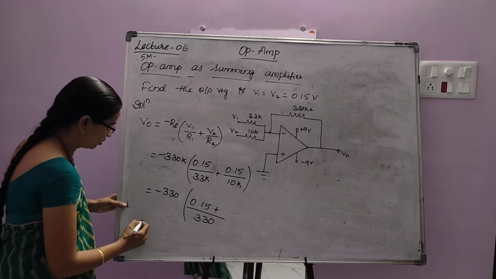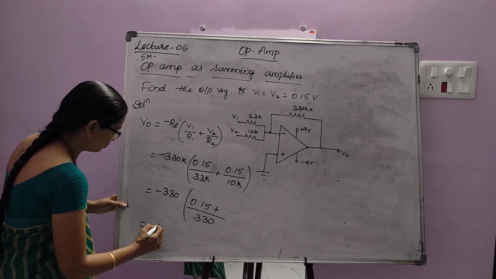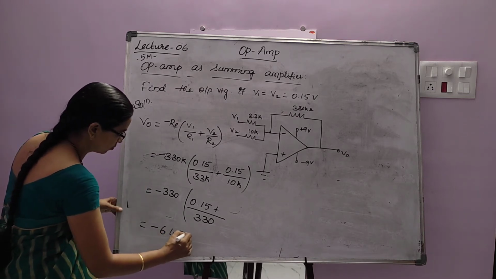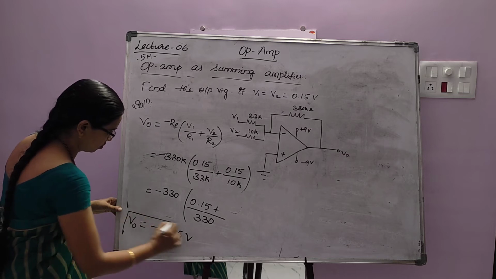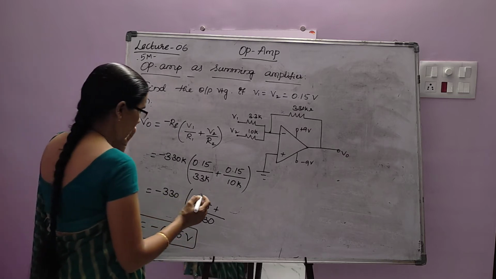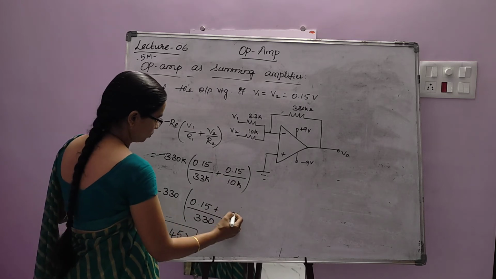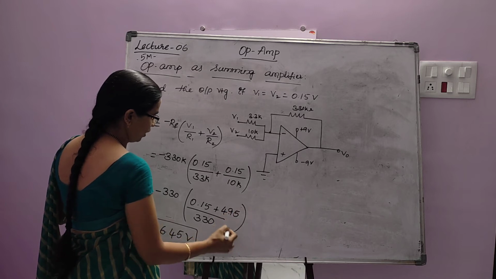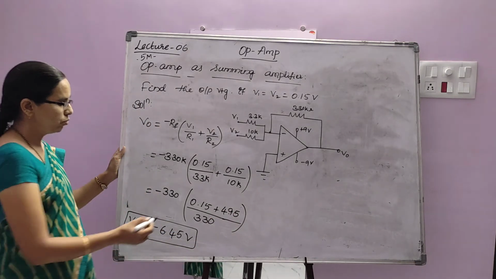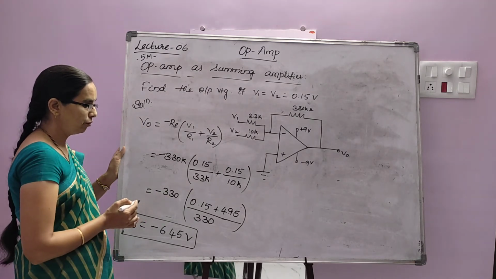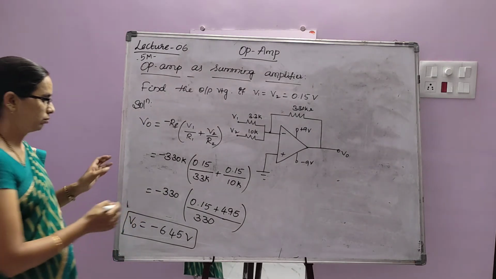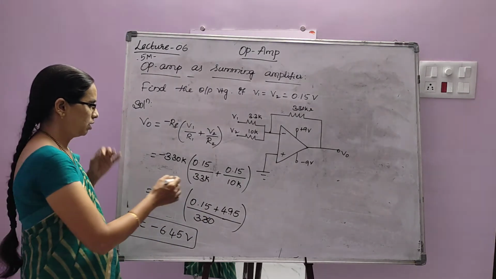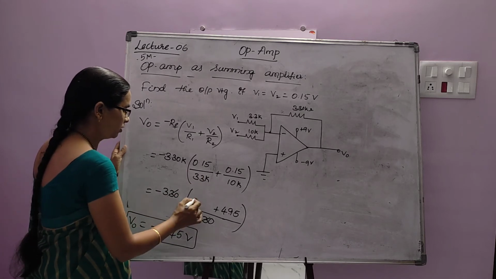You are going to get minus 6.45 volt. It is 4.95 plus 1.5, that is, 0.15 times 330 divided by 33 is 4.95, and 0.15 times 330 divided by 10 is 1.5.